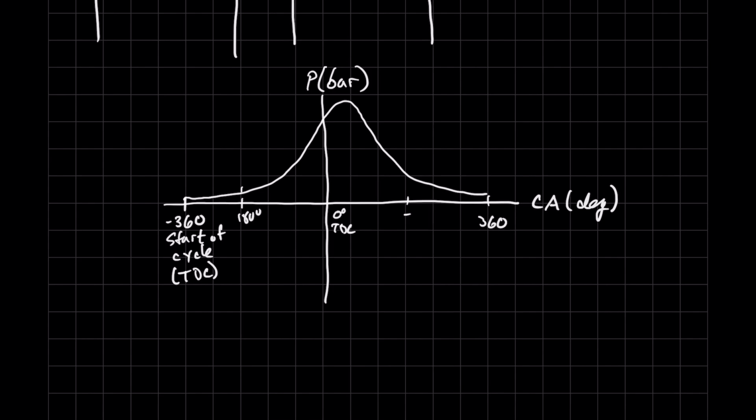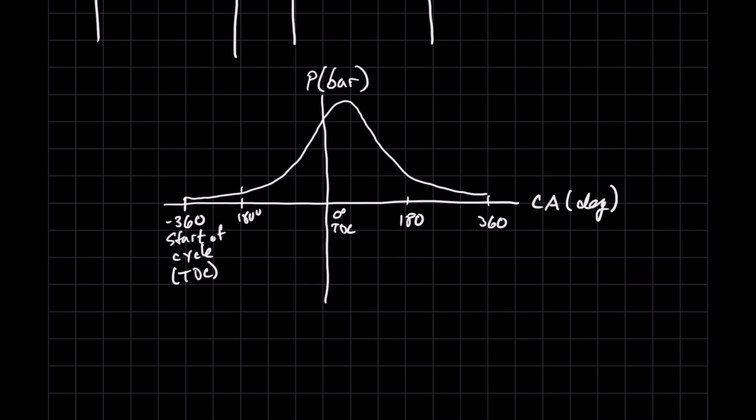Sorry about that. This is 180 degrees. And then exhaust valve closes somewhere around 360 degrees. Intake valve for the next cycle opens, and then the cycle repeats itself, right?